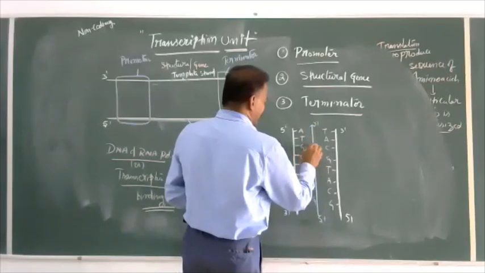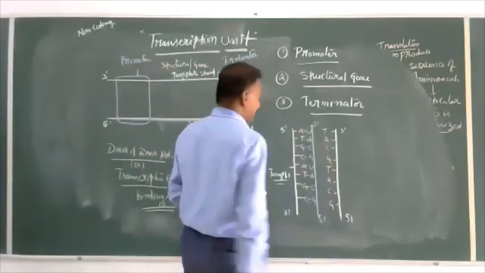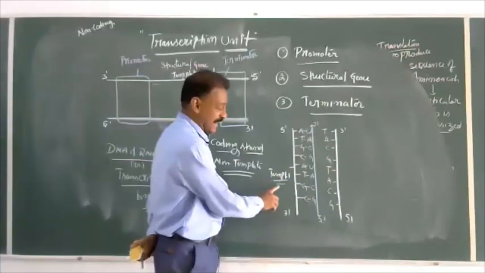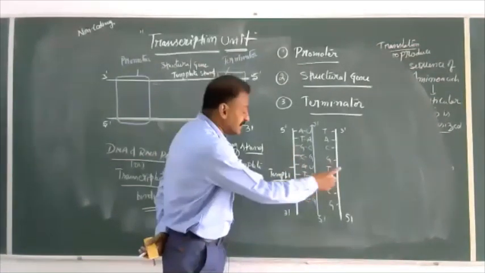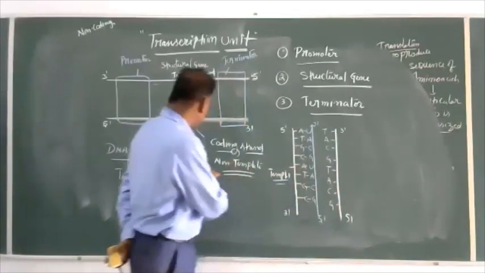Cytosine, guanine, guanine, cytosine, thymine, adenine, adenine, uracil. It is synthesized. This is called template because from which the information is copied. This is called non-template. It is not involved, but it is called coding.